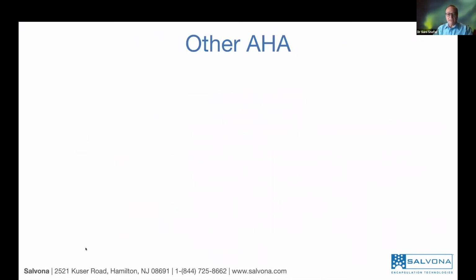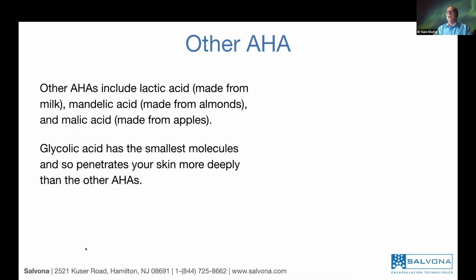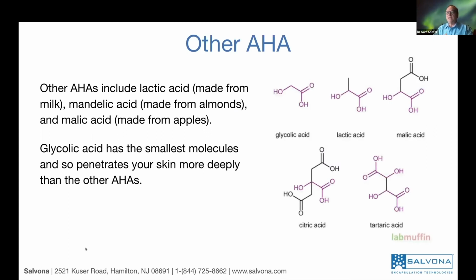Now, glycolic acid is not the only alpha hydroxy acid. There are other alpha hydroxy acids, such as lactic, mandelic, malic, and so on. We are focusing on glycolic acid because this is the smallest molecule, and so it can penetrate to the deeper layer, relatively deeper layer of the skin.